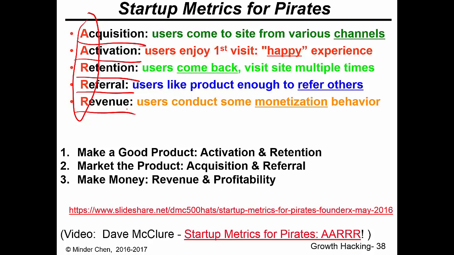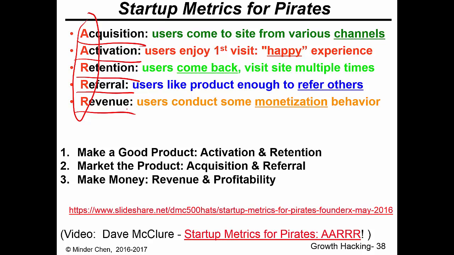Acquisition means attracting the user to come to your website through various channels. Activation means they really like their visit, and then they may, say, register on your website. That's an example of activation. Retention means they're coming back to visit multiple times, let's say every month they come back a few times.